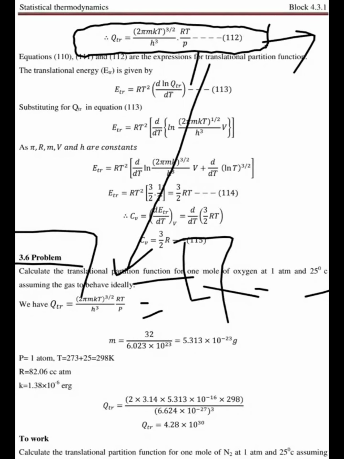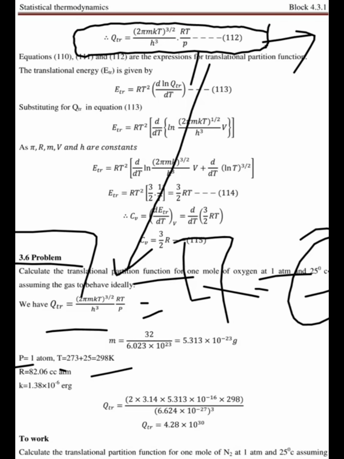So QTR is equal to (2 pi m k T) to the power of 3 by 2 divided by h cube, into RT divided by P. There we are going to substitute P as the one atmospheric pressure, and the temperature we should convert from degrees Celsius, so plus 273 to convert it into Kelvin.